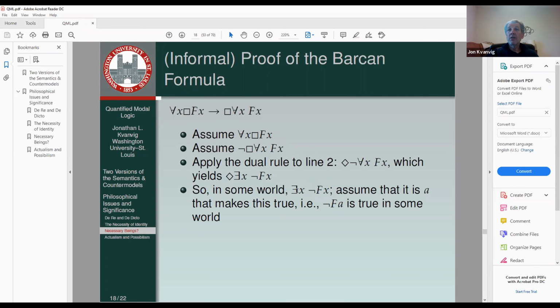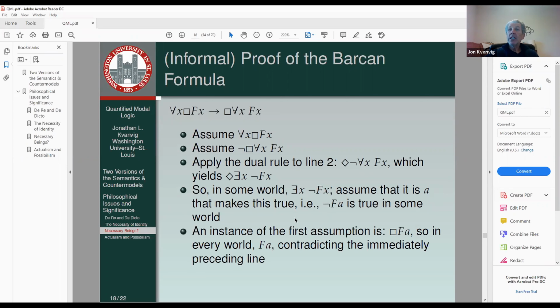So in some world, something is not F. So assume that it's A that makes this true in that world, not FA is true in some world. An instance of the first assumption, for all X box Fx, is box Fa. That's how universal elimination works. So in every world, Fa is true, contradicting the immediately preceding line. That's a proof of the Barcan formula.